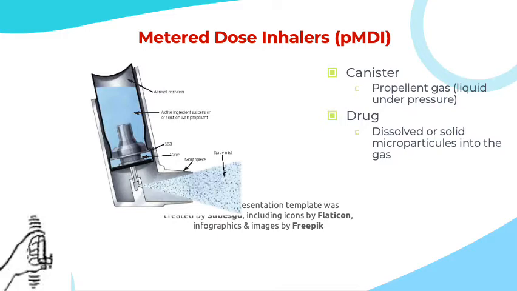In metered dose inhalers, a pressurized chamber can calibrate a fixed amount of drug that is aerosolized into a spray mist. The drug may be dissolved in a propellant or liquid, usually hydrofluoroalkanes.